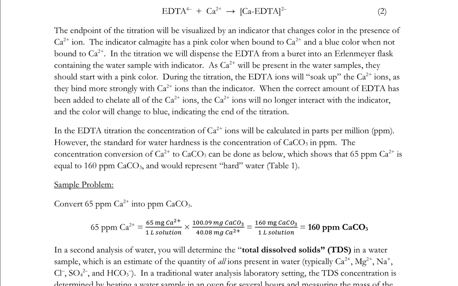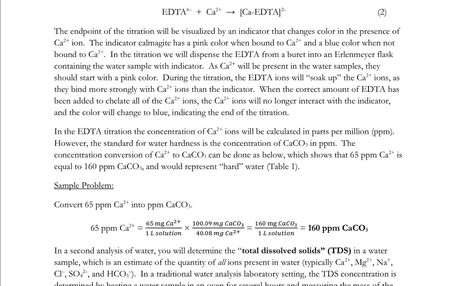Now, what is recorded for hard water, soft water, etc., is not the ppm of calcium ions, but the ppm of calcium carbonate. So we then have to take into account the molar mass between the calcium and the calcium carbonate, and that's what's done in this sample problem here. So let's say we have 65 ppm calcium ions, and we want to convert that to calcium carbonate.